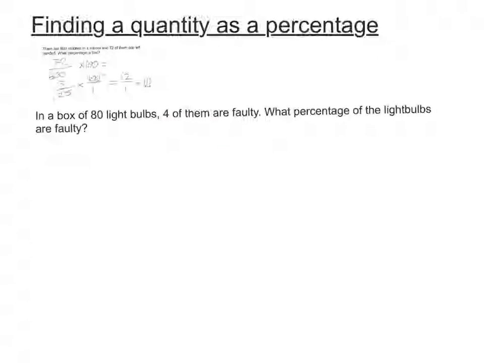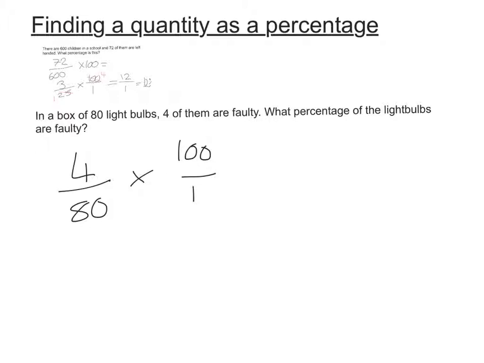Okay, looking at the next example. So again, if you want to pause and then try this one yourself, and then I'll continue. So we now have 4 faulty light bulbs out of 80 times 100 out of 1.